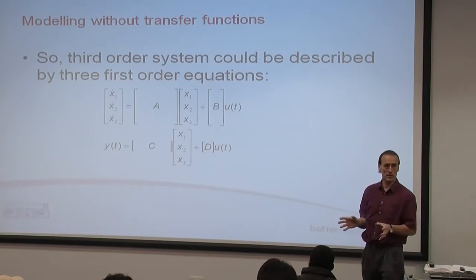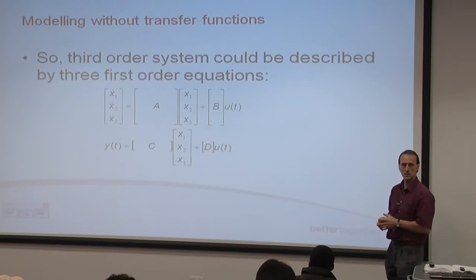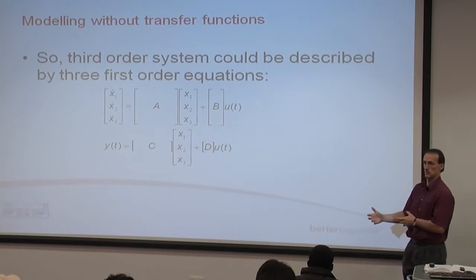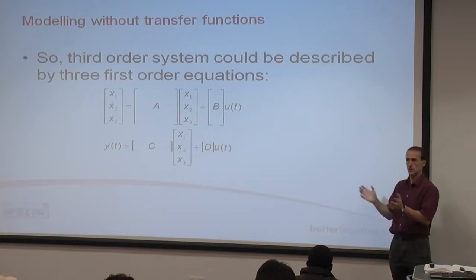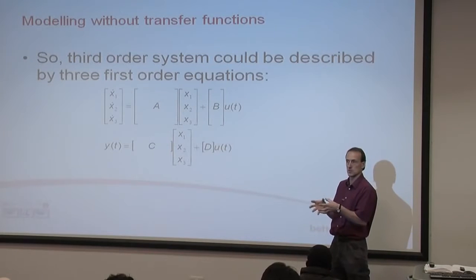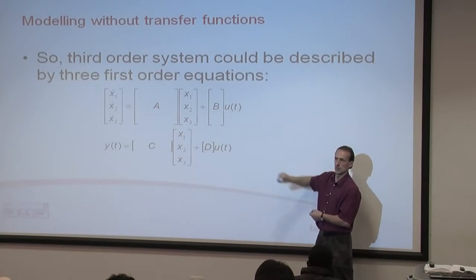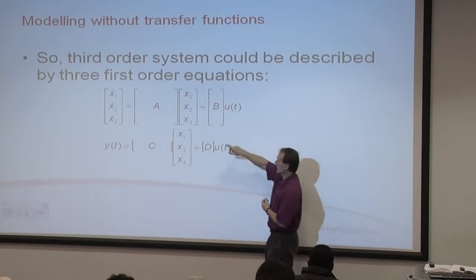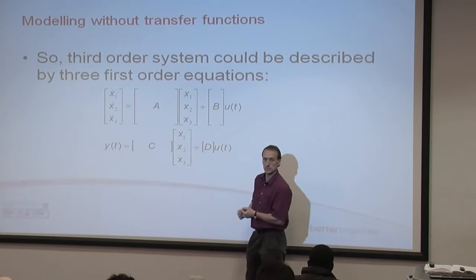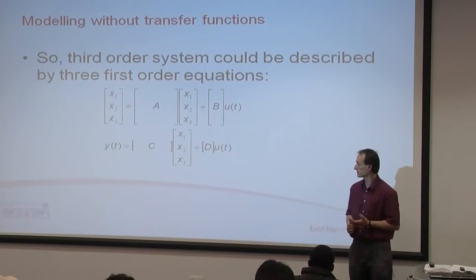Okay, halfway there now. But the trouble is that set of equations at the top doesn't take us to the output. It's just telling us about these things called state variables, which are kind of internal to the system. So we need a second set of equations to relate the state variables, the x's, to what we think is the actual output.